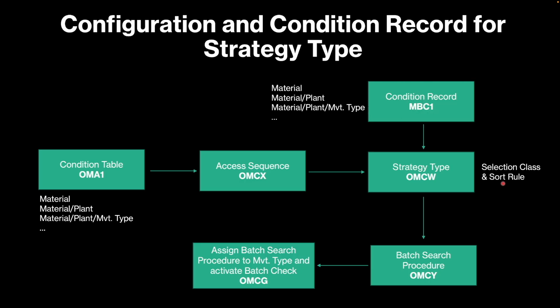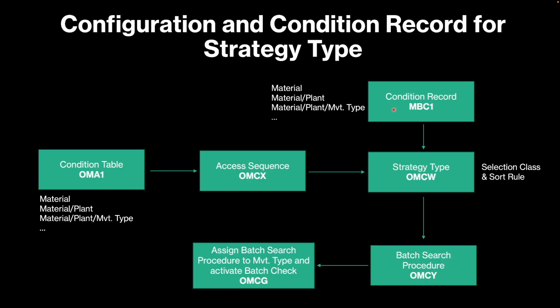then you need to maintain the condition record. And this condition record again will be maintained against the combination of these tables. So let's say that you have a material, plant and movement type combination. Then for this combination, you will maintain the condition record for the strategy type, where you will enter selection class and sort rule. So let's say that for a particular material, plant and movement type combination, you want the FIFO strategy to happen.